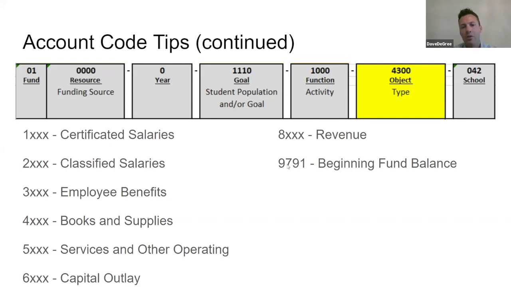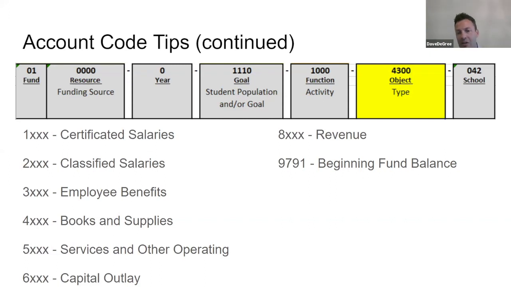Another object code that you may not be familiar with, this may be new, is object code 9791. This will also show up in your funds available report, but this is called beginning fund balance. So basically you'll see this for your donation accounts. Maybe you're curious, okay, how much am I left with after last year in my donations?